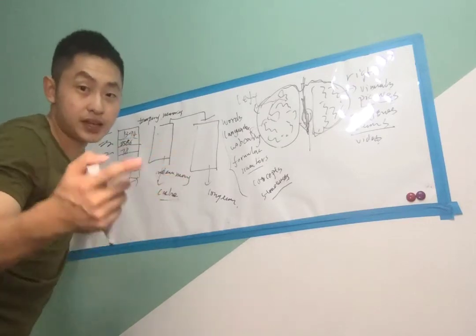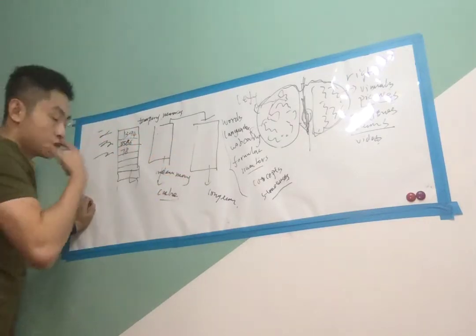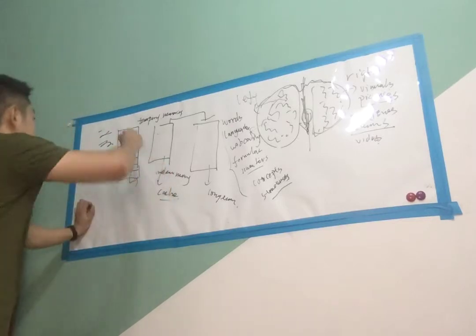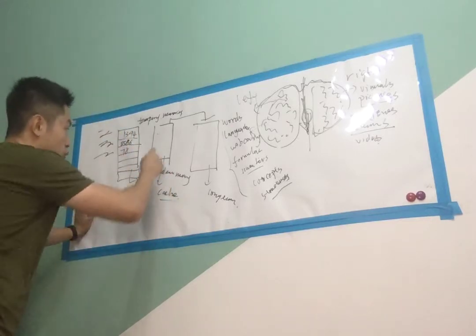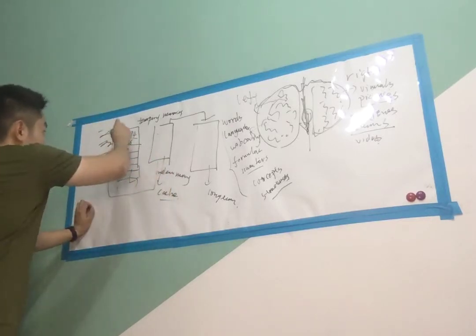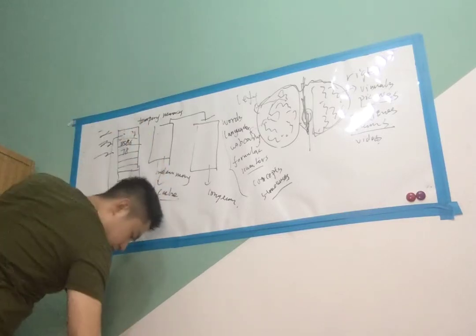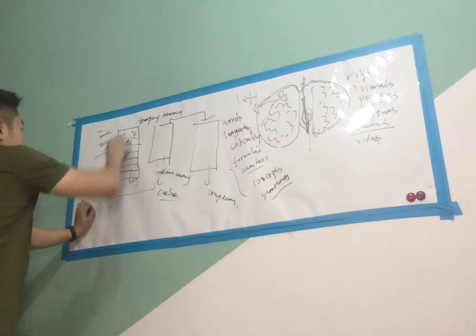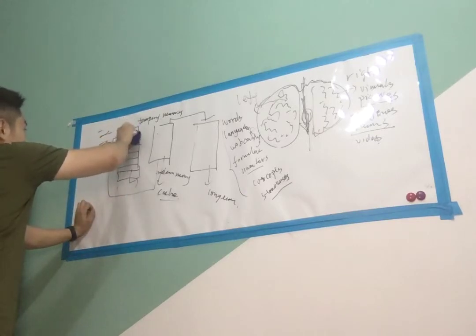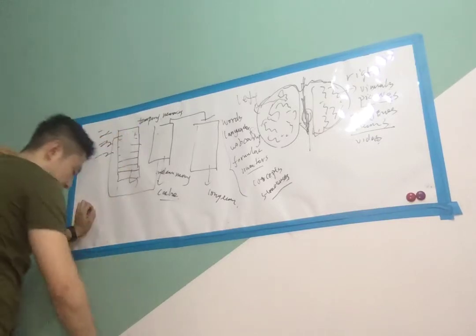But after 20 minutes, if you are not using it, your brain will automatically clean up this part. You delete this part. It's just like a computer. Sometimes it cleans out the trash in our brain.